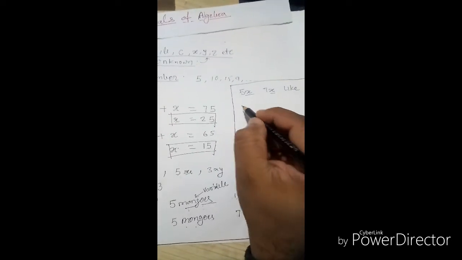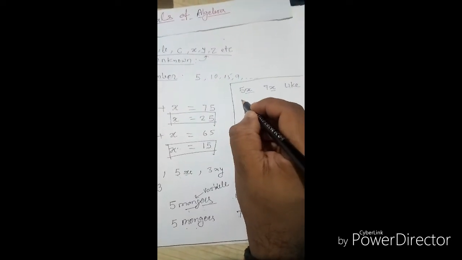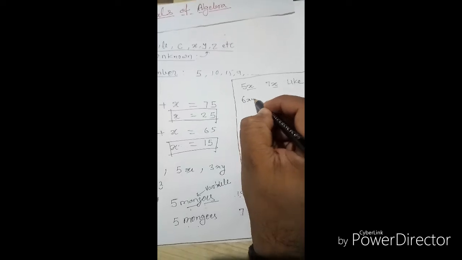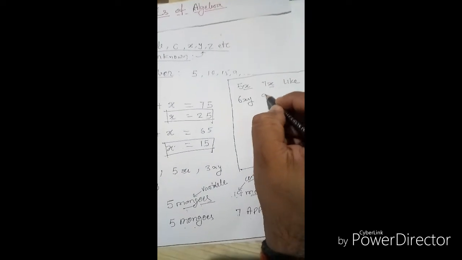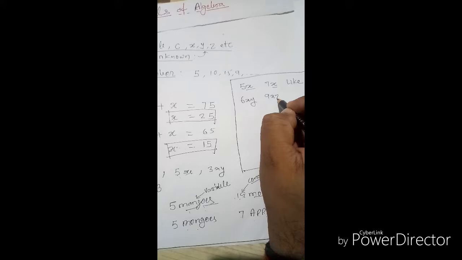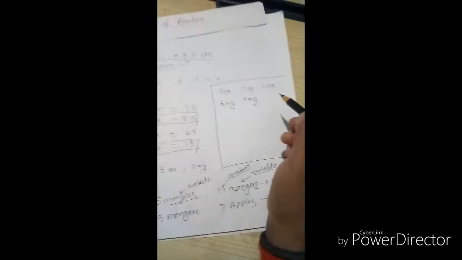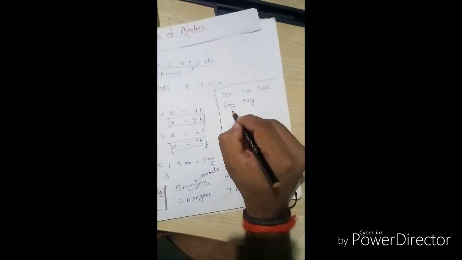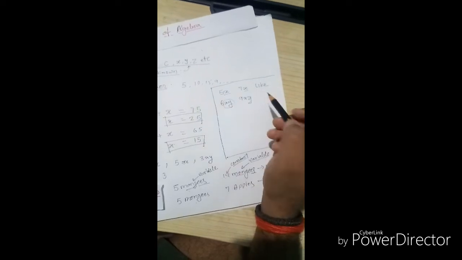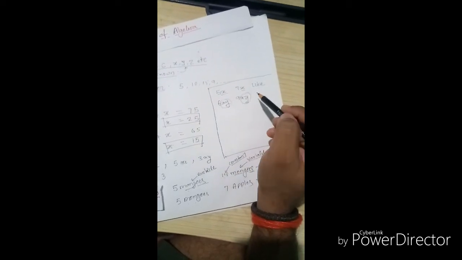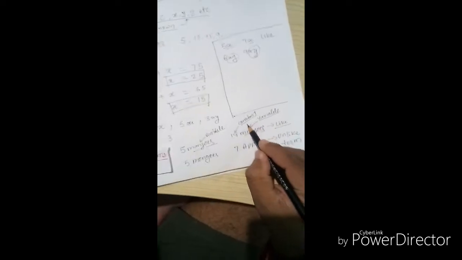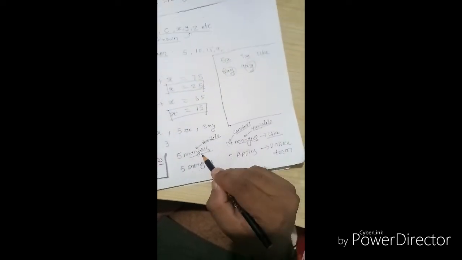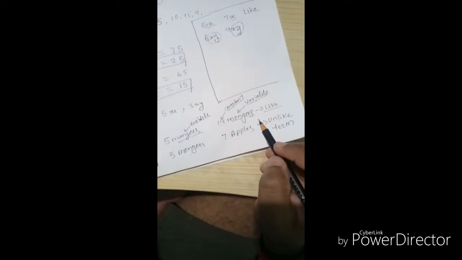Now let's take the example where I have 6xy and 9xy. Are these two also like terms? Can you see the variable is xy here, and here also the variable is xy? If the variables are the same, then they are called like terms.